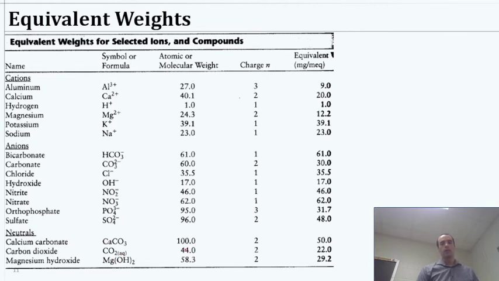We have some atomic weight, and the charge here, actually I don't know why it's giving that a charge. I guess maybe they're saying that's H2CO3 once it's dissolved, so then you get 2 H pluses, I think. The magnesium hydroxide, that Mg will have a 2 plus, so that's why we have a 2 plus charge there, and so we can calculate the equivalent weight there.